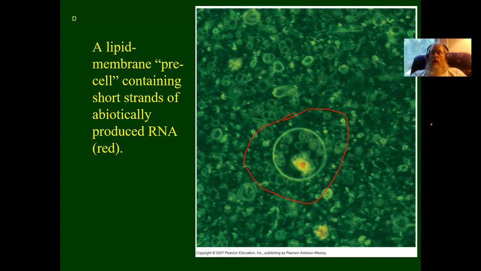And so we wouldn't call this alive, I don't think, at least not unambiguously. But you do have what we might consider a pre-cell here, in that you have genetic material in an enclosed membrane.